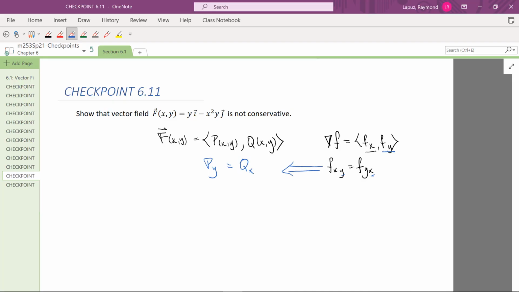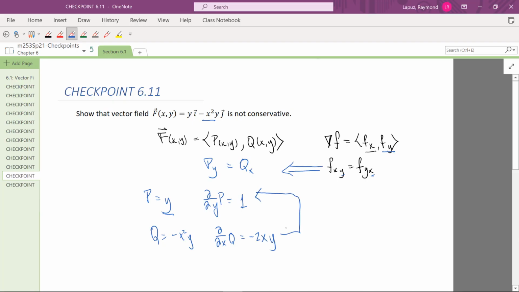So let's do that. P is equal to y, so the partial derivative of p with respect to y is going to be the derivative of y with respect to y, which is just 1. Q is equal to negative x squared y, so the partial derivative of q with respect to x is equal to negative 2xy.